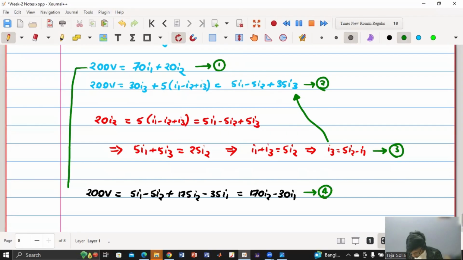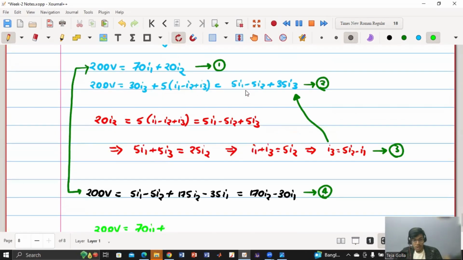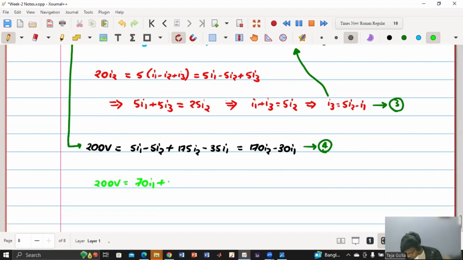Now we write these two: 200 volt is equal to 70 I1 plus 20 I2, and 200 volt is equal to 170 I2 minus 30 I1.